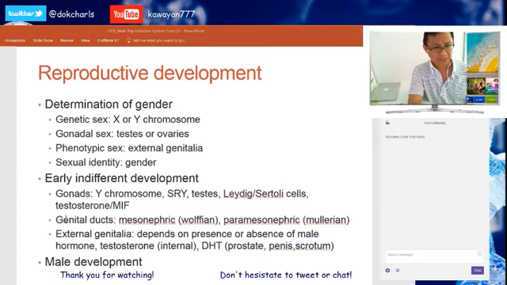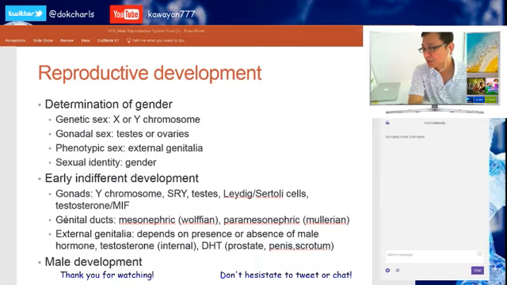Whether or not you can obviously see a penile structure or a vaginal structure on the person would determine his or her phenotypic sex.